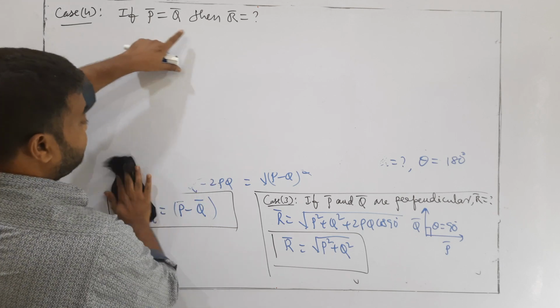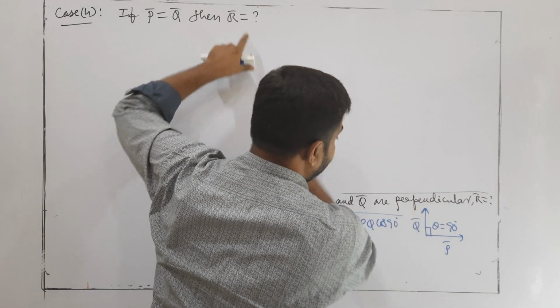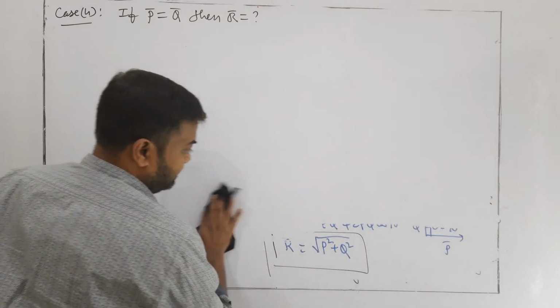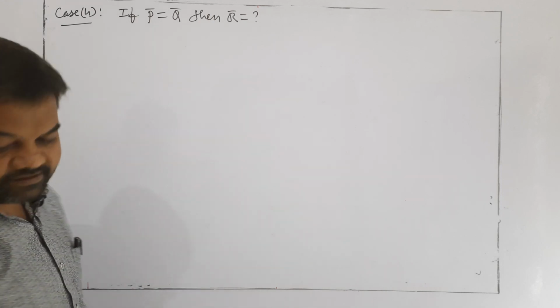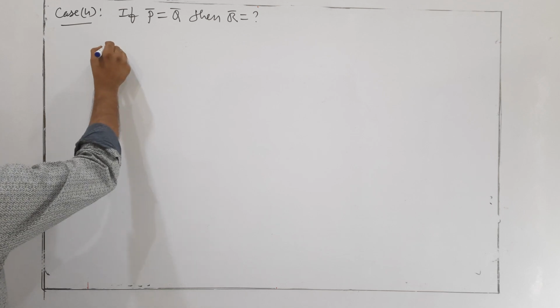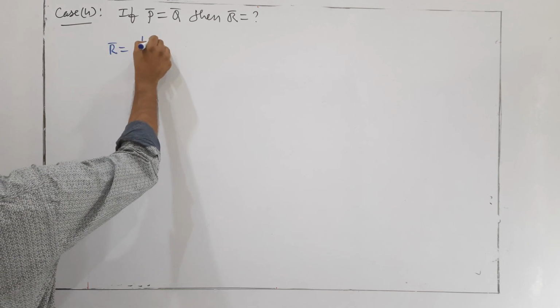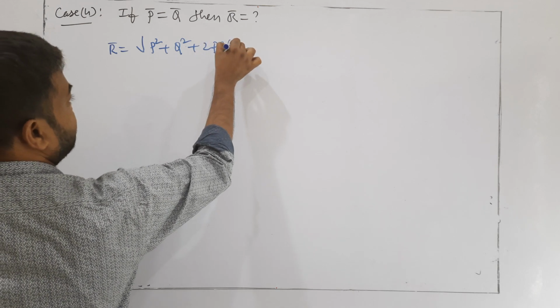The magnitudes of two vectors are equal, then what is the magnitude of the resultant vector? This can also be asked like this: the magnitudes of two vectors are equal, then what should be the magnitude of the resultant vector? Therefore R bar is equal to root of P square plus Q square plus 2PQ cos theta.